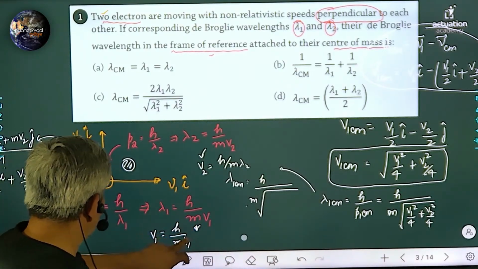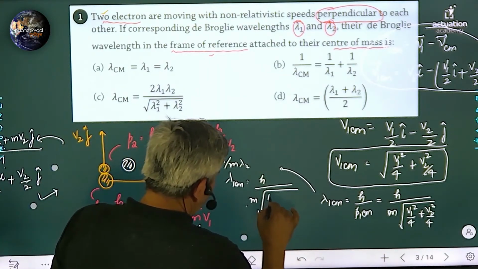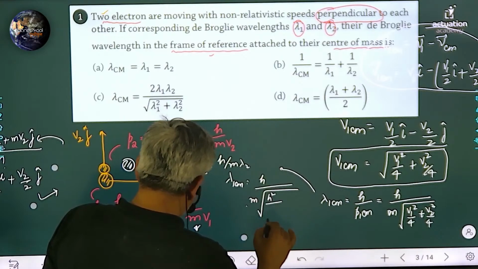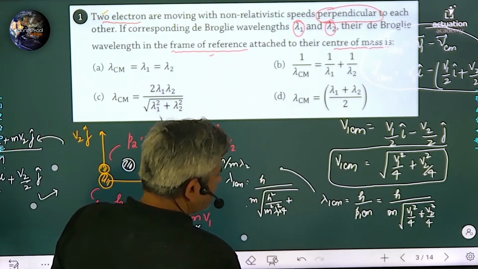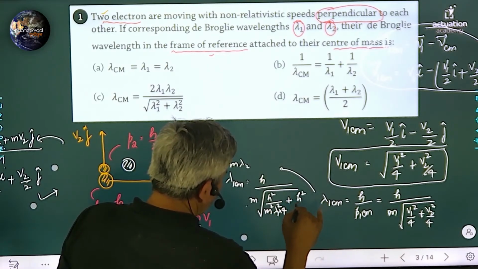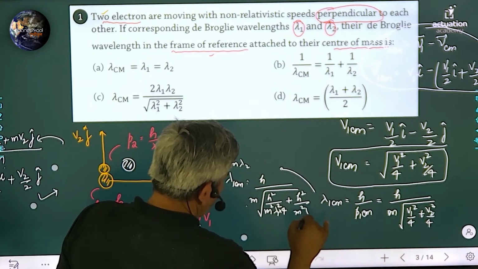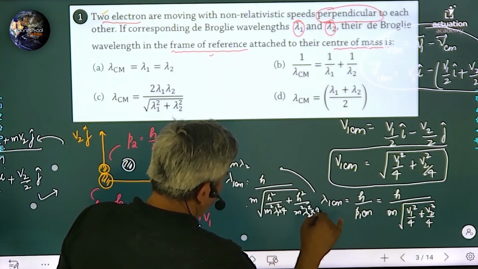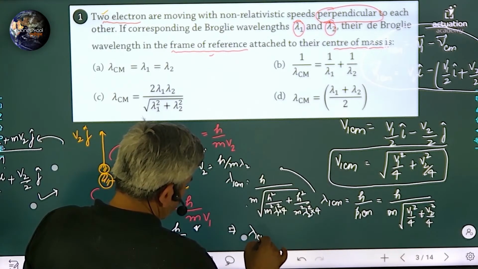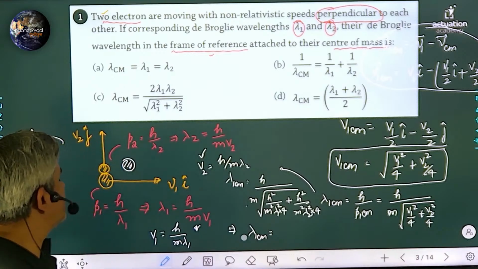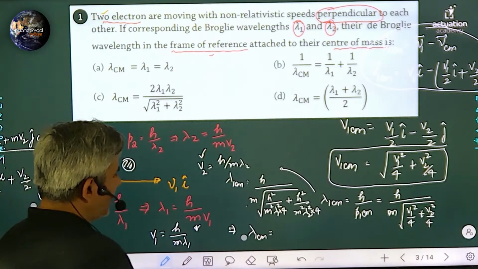This will give us V1, which is h square over m square lambda 1 square into 4 plus h square over m square lambda 2 square into 4. Okay, so on solving, this will give us lambda 1 center of mass is simply m and m.